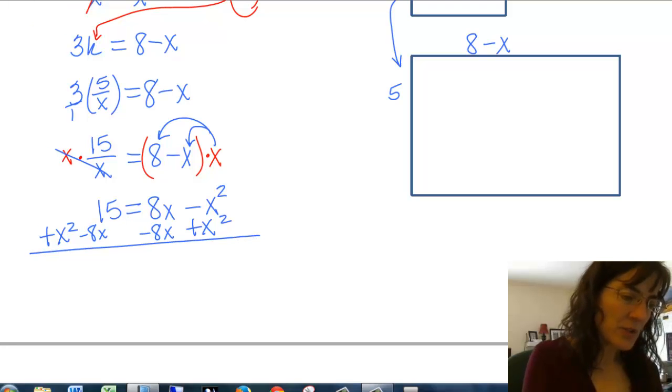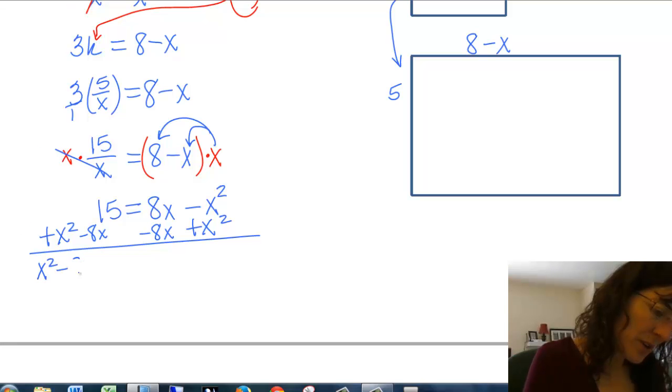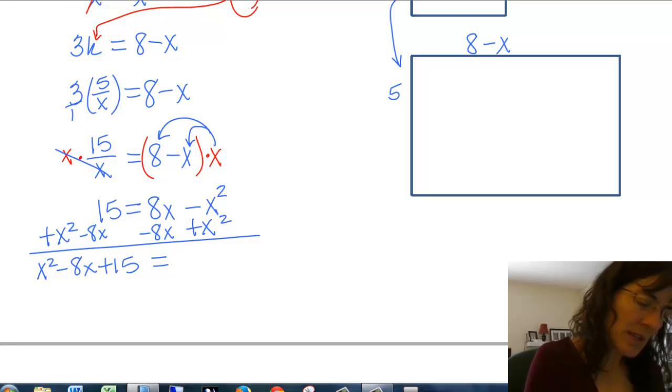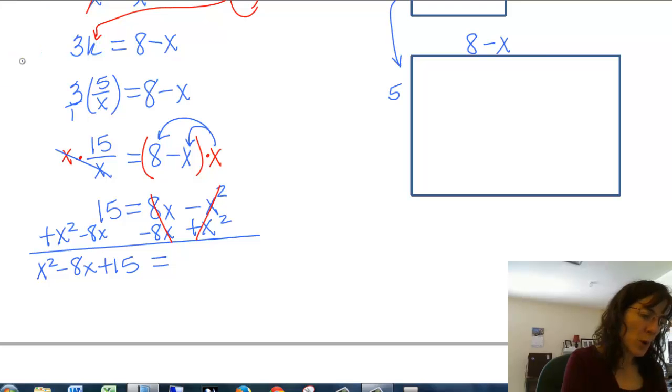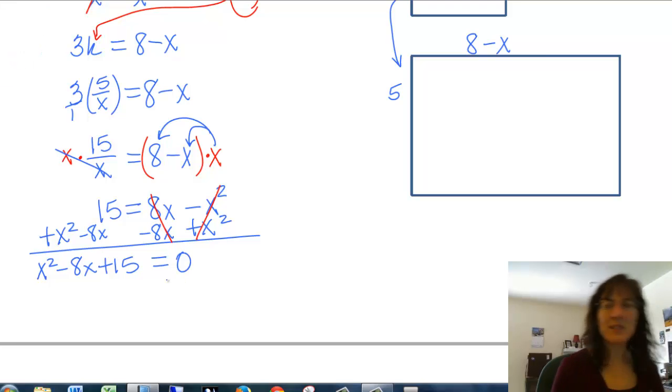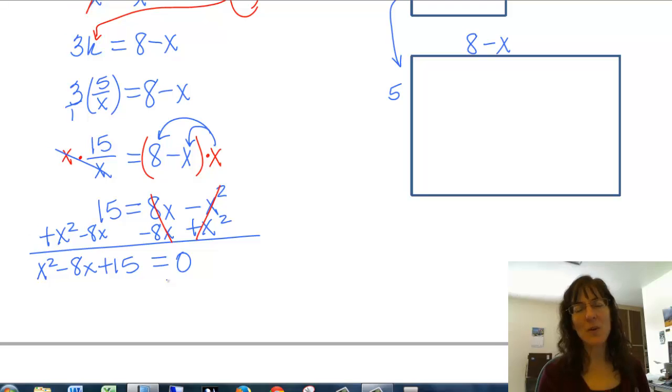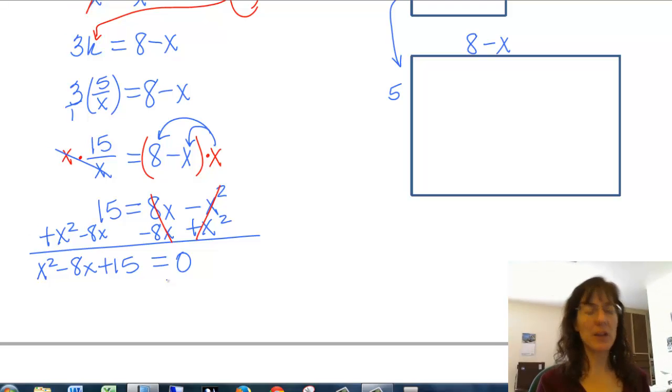None of these are like terms on the left, so I'm just stuck with x squared minus 8x plus 15 equals, and on the right everything cancels because they are all like terms and in fact opposites, so I'm stuck with just 0. And that's perfect. I wanted it set to 0, so now I can factor.